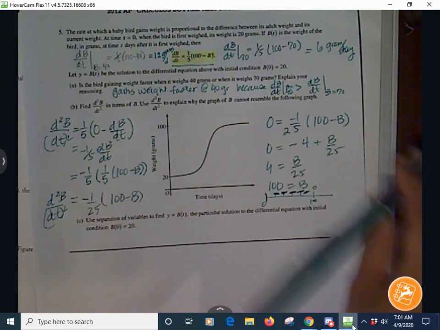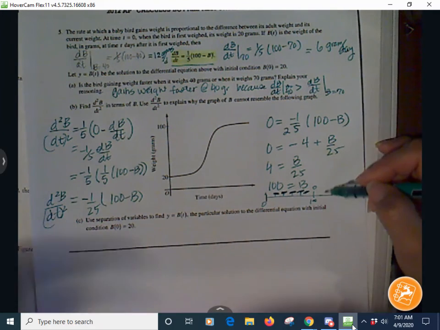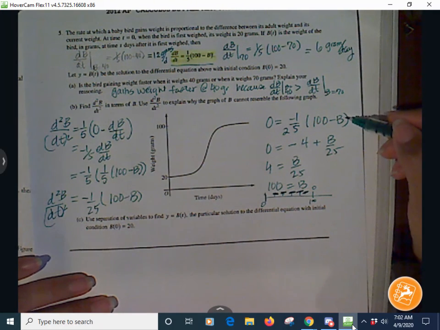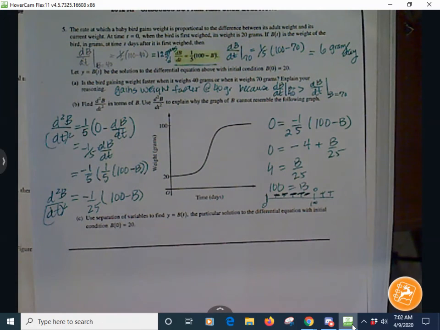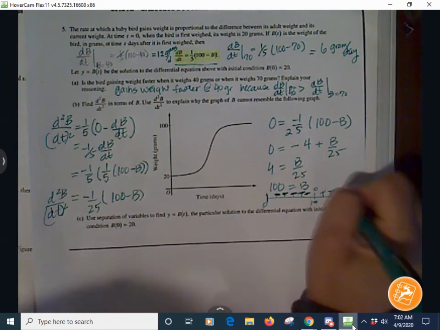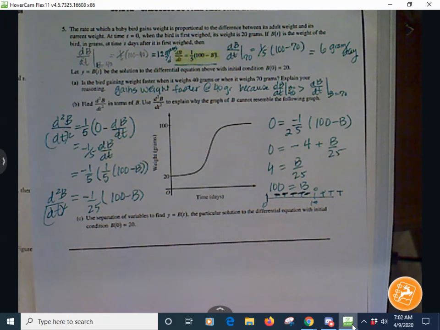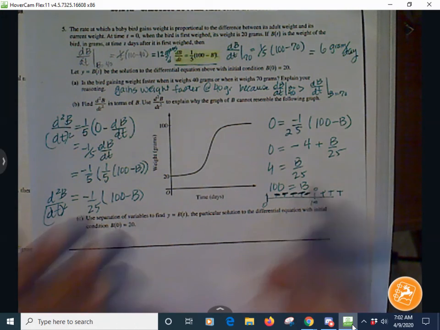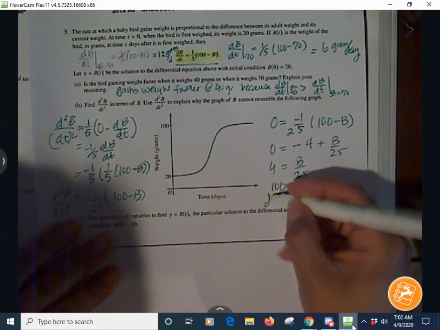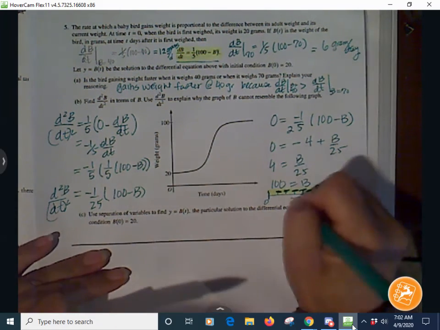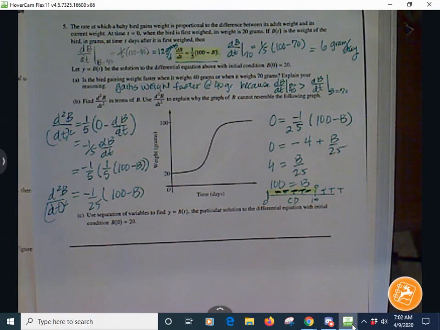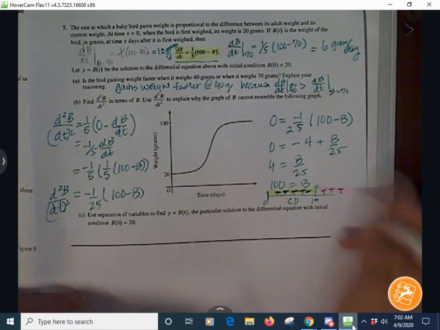And if I put in something greater than 0, then I'm going to have positive. Which means if I look at this, for 0 to 100, it's concave down, and for 100 on, it's going to be concave up.